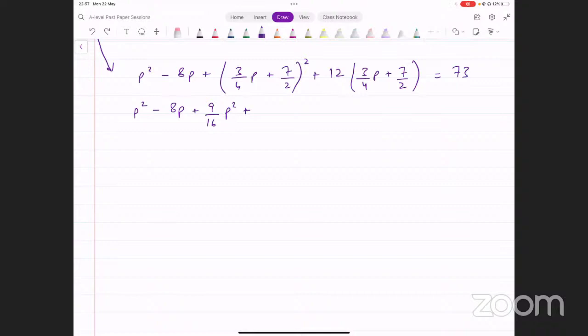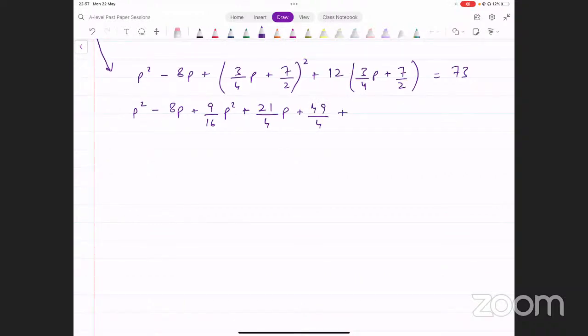That's giving me 21 over 4. There are a lot of chances of careless errors here, so you have to watch a bit. 7 over 2 whole squared is going to be 49 over 4. Then we have 12 into this: 12 into 3 divided by 4 will be 9, and then 7 into 6 would be 42.